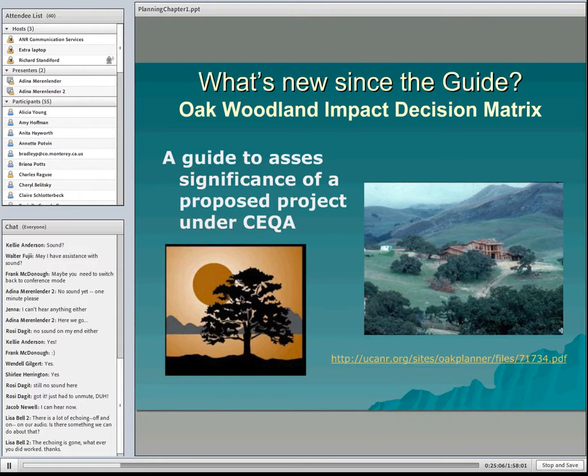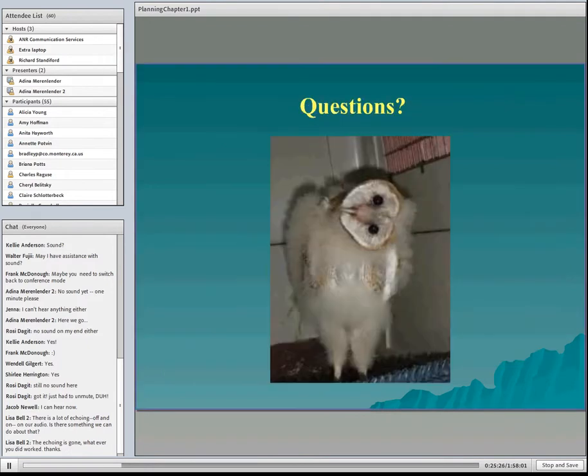Here's a process we've outlined to help you get to a determination of whether or not a project is significant under CEQA. And again, it respects the professional talent of this audience, and it's there in a supportive role to give you ideas of how to approach your job.